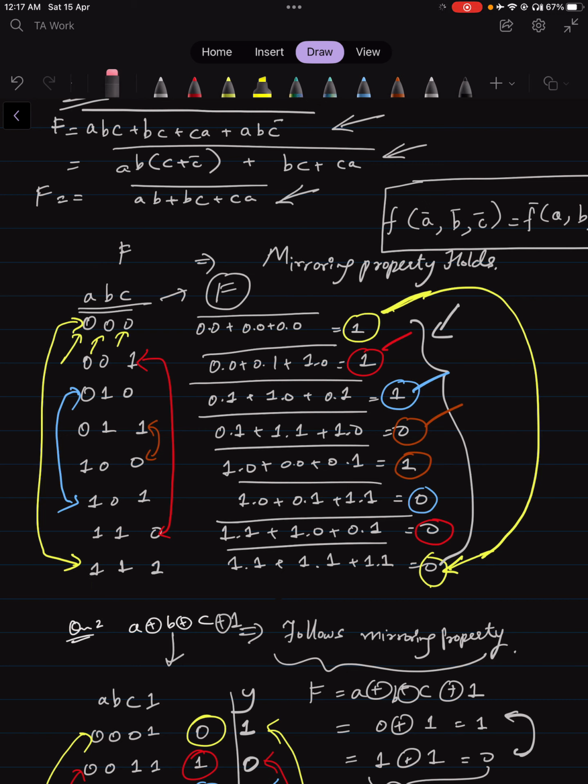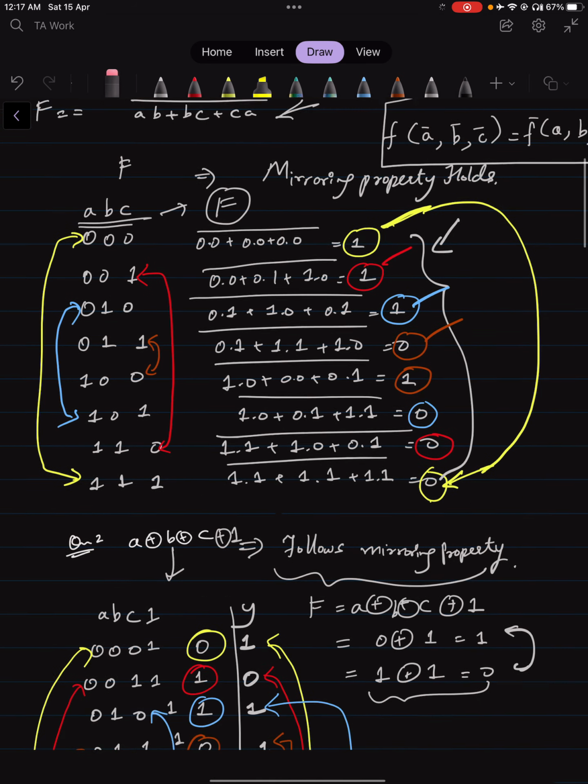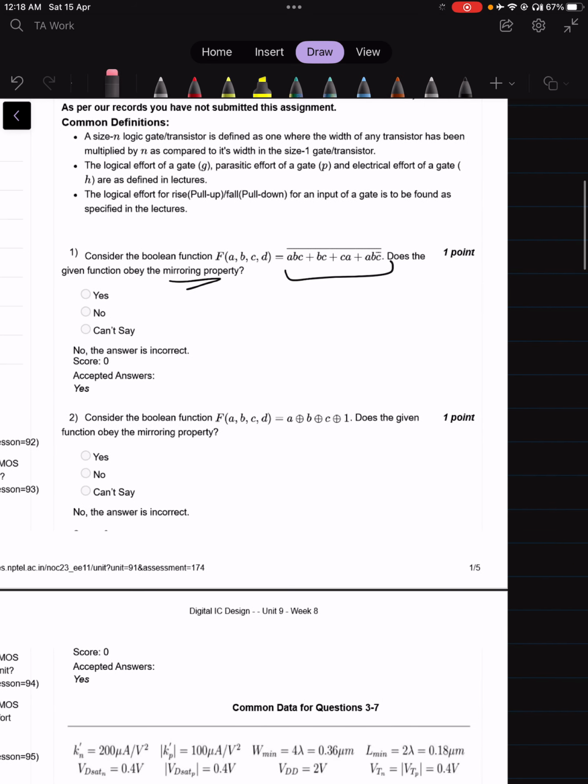So you can see that it turns out to be 0. Similarly, you can verify for all of the other colors, which are red, blue, and brown, that it follows the mirroring property.